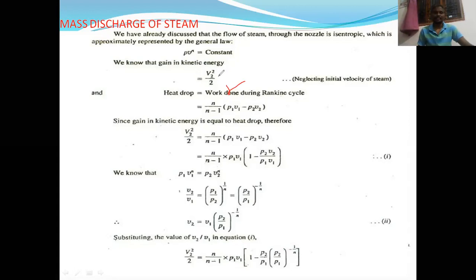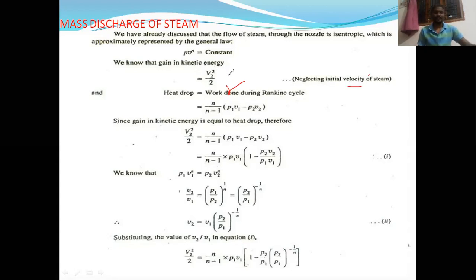Why? Because actually the gain in kinetic energy will be V2 square by 2 minus V1 square by 2, but V1 is the initial velocity which is negligible, so we are directly writing the gain in kinetic energy is equal to V2 square by 2.